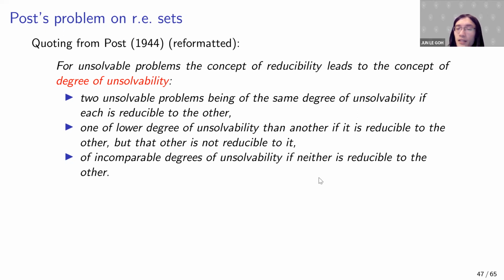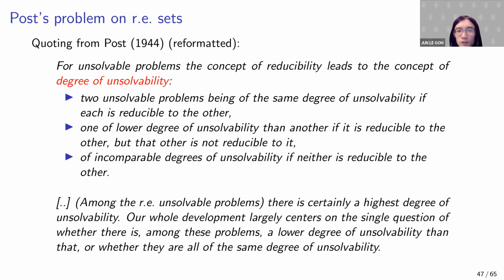We haven't seen an example of this, but a priori, that's possible, right? So that was an important question early on in recursion theory. Let me now continue with quoting what Post said.